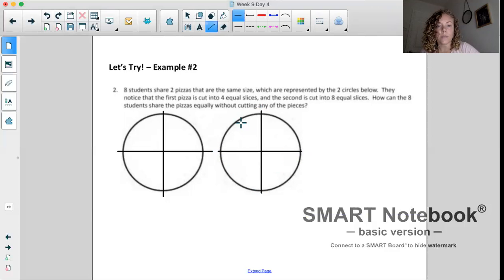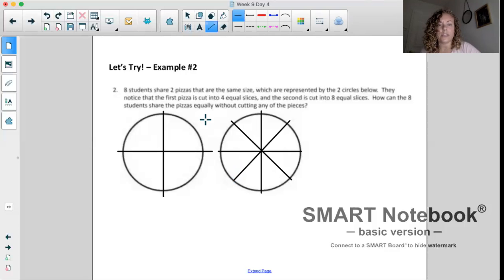And then I need 2 times as many. So I'm going to cut each one in half by going diagonal, through the middle as best I can, making sure that these pieces look as fair as possible. Nobody wants to get the smaller piece, right?